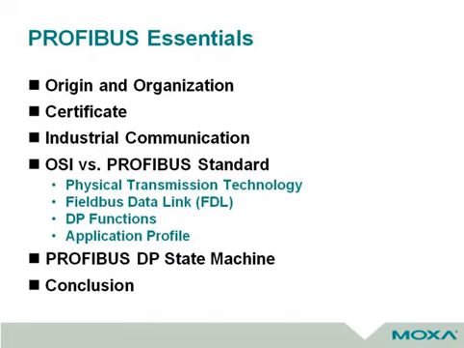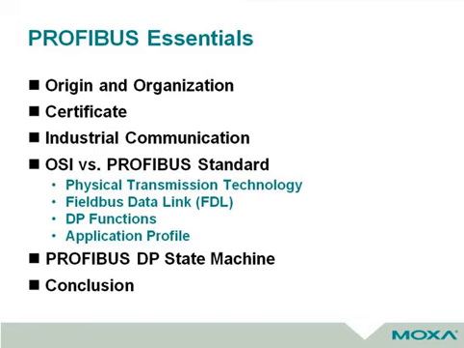Then we will go to the industrial communication topology to get the whole picture of PROFIBUS. After understanding the whole picture, we will go to the details based on the OSI 7 layers, from the physical layer, MAC layer, to user interface and application profile. The last part is the state machine of a PROFIBUS device, and then we will have a summary in the final section.